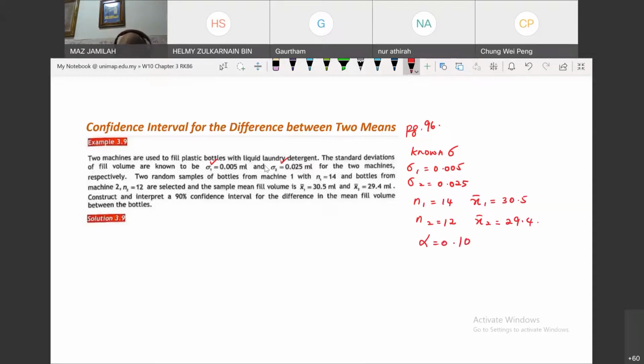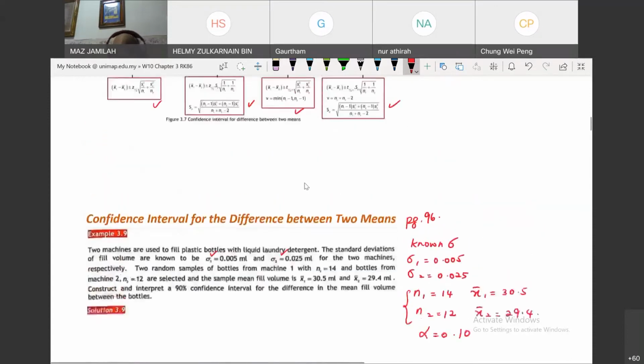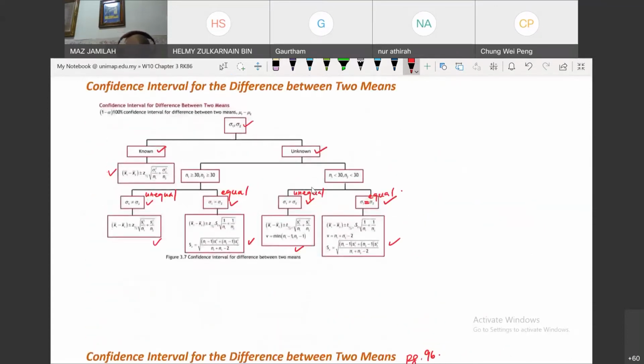Okay, 0.10. So now, since we are dealing with known sigma, regardless of what your sample size is, we are using known sigma. So we are dealing with this particular condition.